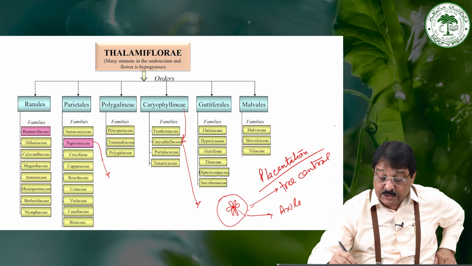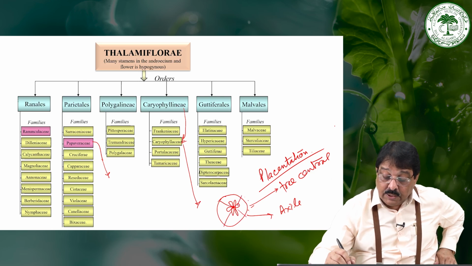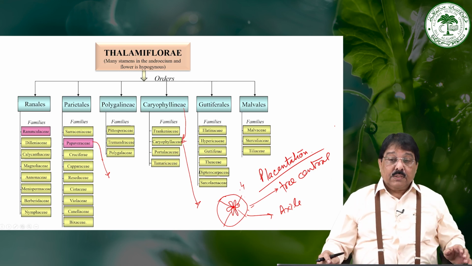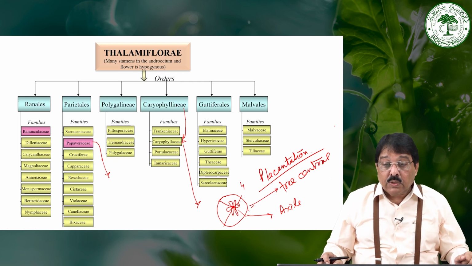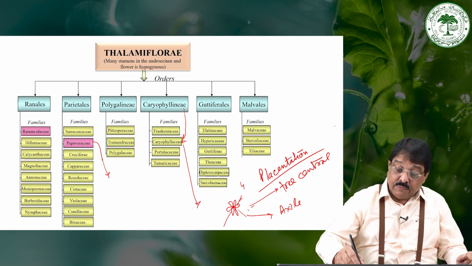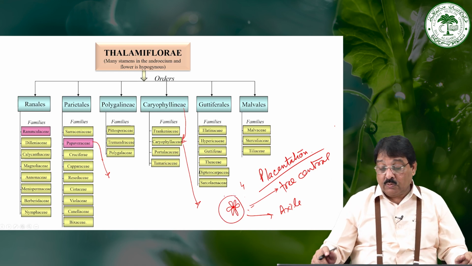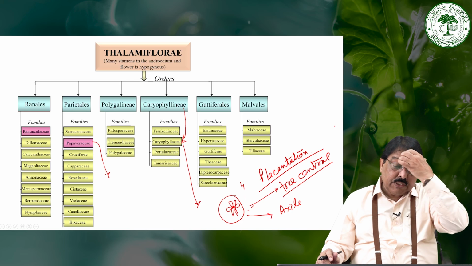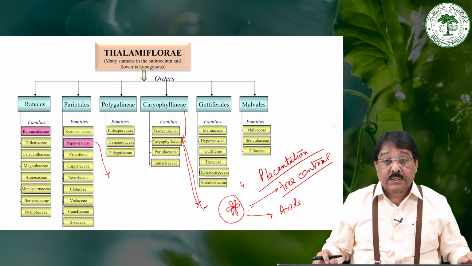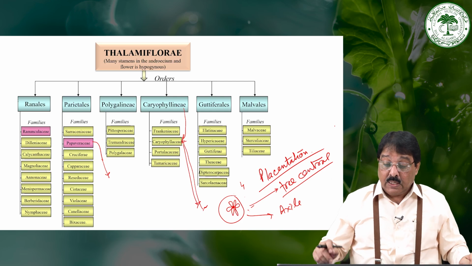If septation is there, the chamber would be 4 or 5, then it will be tetralocular or pentalocular. While in free central, it is unilocular. So that's why it is called free central placentation, as in the Caryophyllaceae.